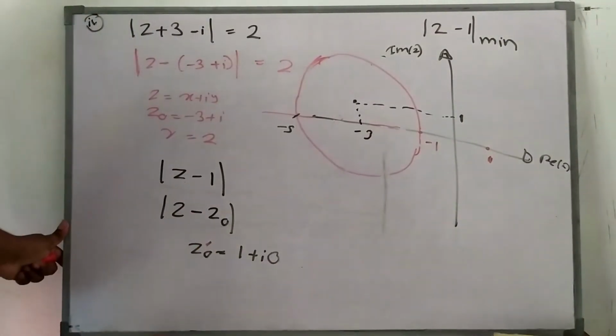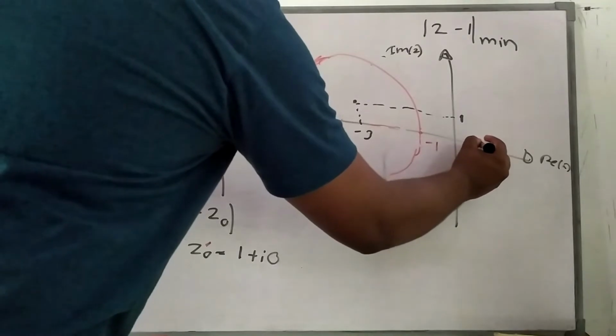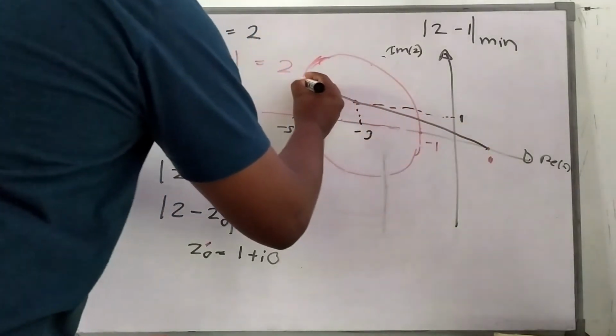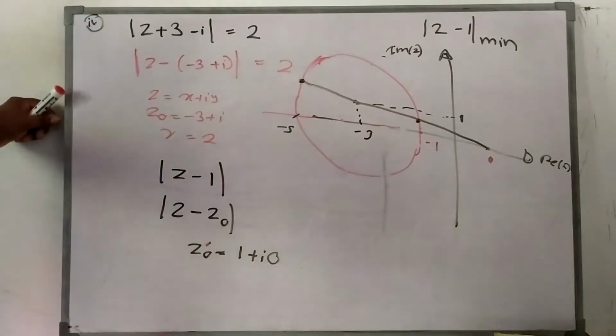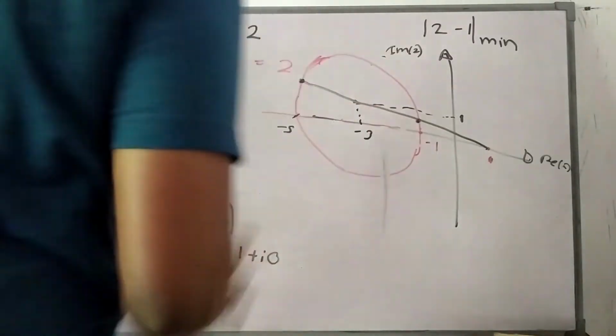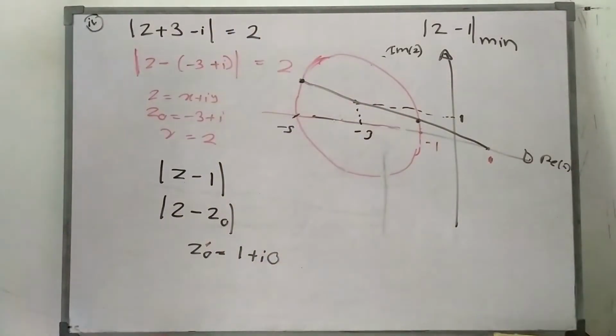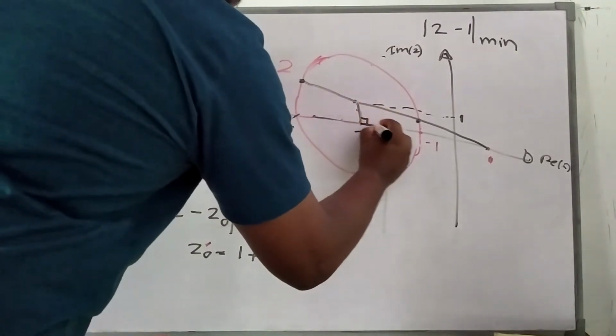So we just need to find the minimum value. In a minimum value, this is my line. So this is the furthest point, this is the least point. So the least point is the minimum value. So you have to find that distance L. Okay, how to find this? You can see this is my right angle triangle.